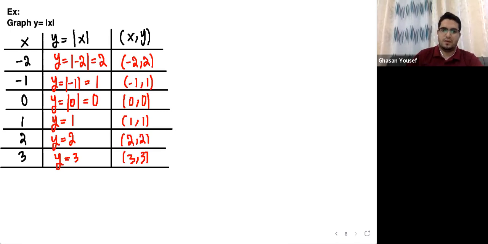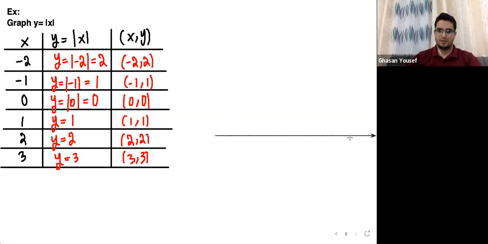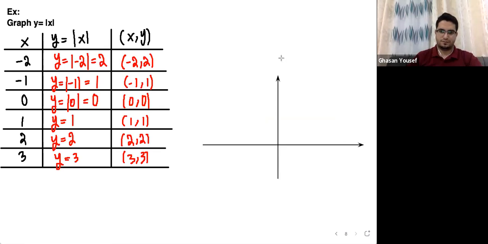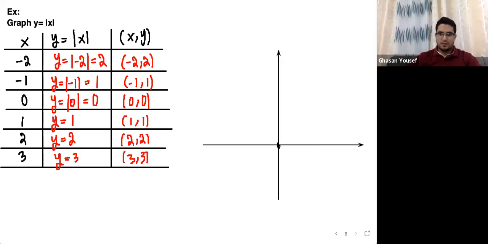So here I will graph the Cartesian plane. So if I have a Cartesian plane like this, so again at the 0, the point looks like 0. So here 0 and 0.